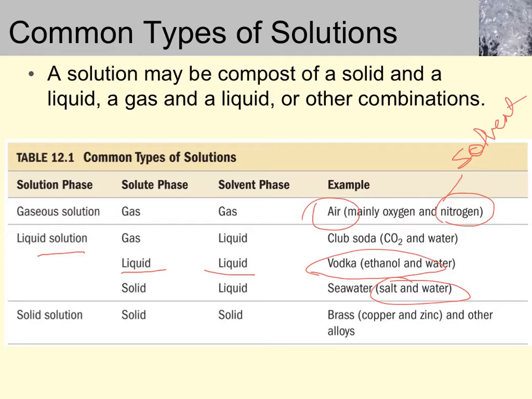And you can also dissolve gas into a liquid, and that's what our carbonated beverages are. The CO2 gas is dissolved and soluble in the liquid portion. And then, of course, we can also have solid solutions. Those are called alloys if we mix 2 metals together and they're homogeneous. Brass is actually a solid solution of copper and zinc.